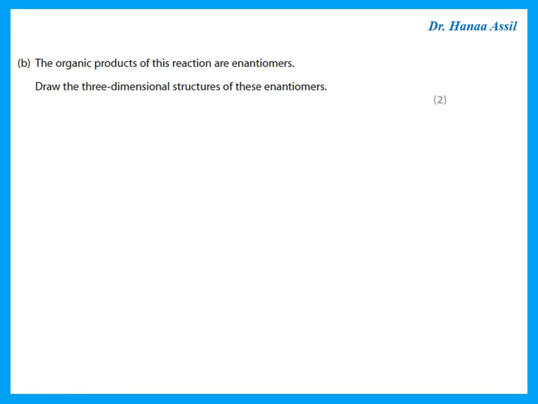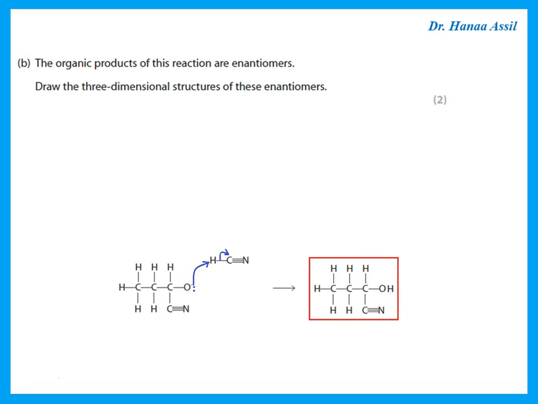Okay, the organic products of this reaction are enantiomers. Draw the three-dimensional structures of these enantiomers. What was the reaction again? Do you remember? This was the reaction and this was the product. So if I want to draw the two possible enantiomers of this product, this is how we draw the three-dimensional structures. Remember that the thick arrow indicates that the OH is to the front.